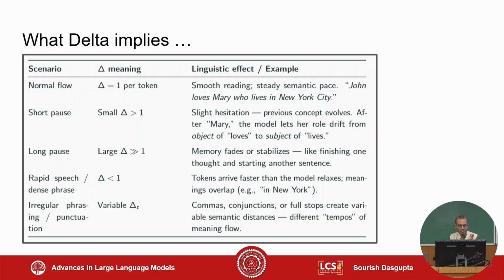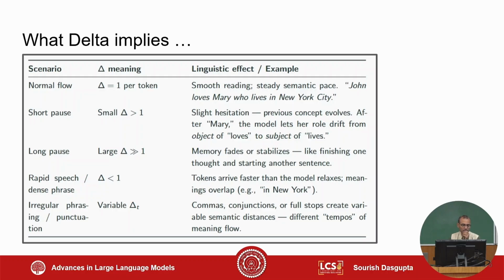Small delta greater than 1 would mean a short pause. A long pause would mean that delta is very much higher than 1. Rapid speech is essentially when the tokens are arriving very fast, which means you're speaking very fast, and I am not able to understand anything. So that would be delta less than 1.